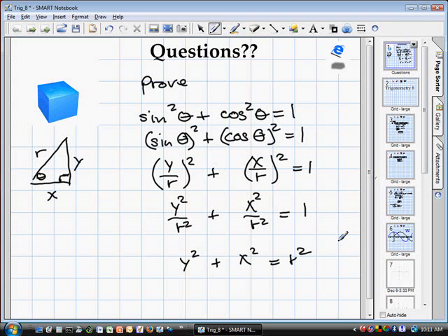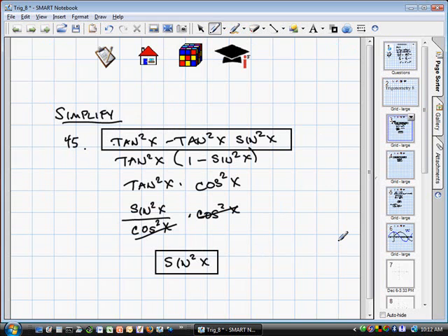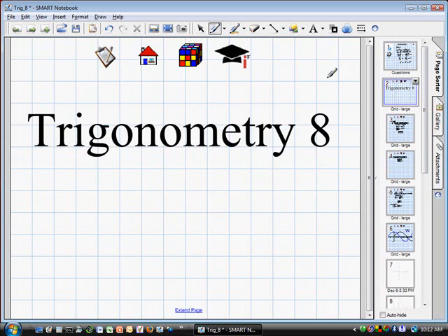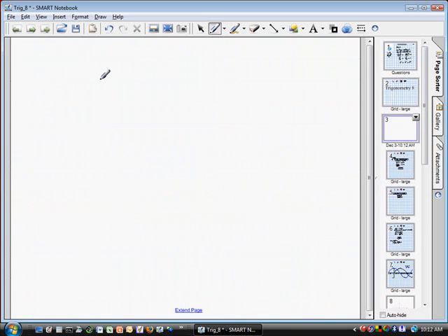So, a quick little reminder of what we were doing last time. Let's insert another page here, and let's be reminded of all the identities I've taught you. First of all, no matter how simple, I have certainly taught you the reciprocal identities, namely that the cosecant is the reciprocal of the sine.